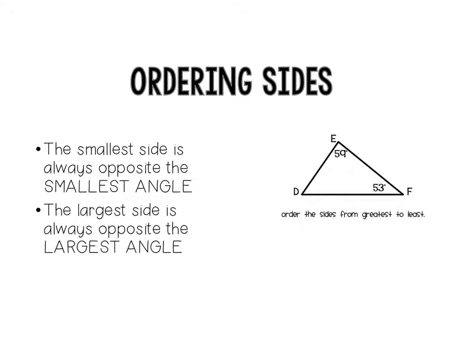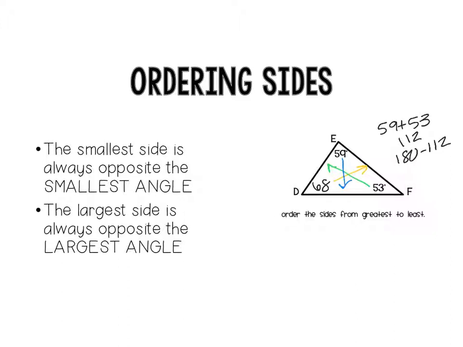So I've got 59 plus 53, which is 112, and 180 minus 112 is going to give me 68. So now we're flipping the side rule. So small side, small angle. Big side, big angle.